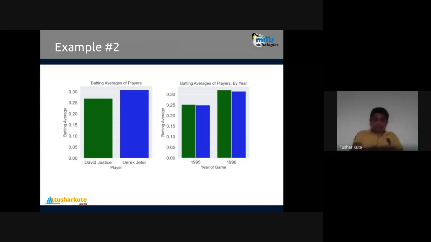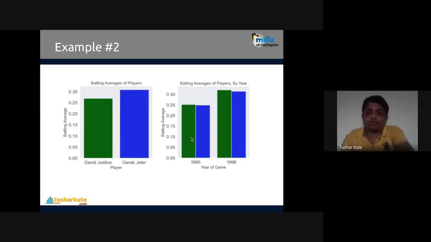Now if you compare, first the batting average of David Justice, and second Derek Jeter. For David Justice it is 0.27 something, and for Derek Jeter it is 0.32 something. If you separate them by year, check out the scenario.